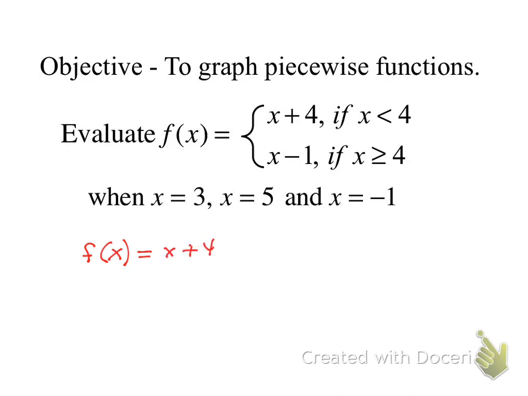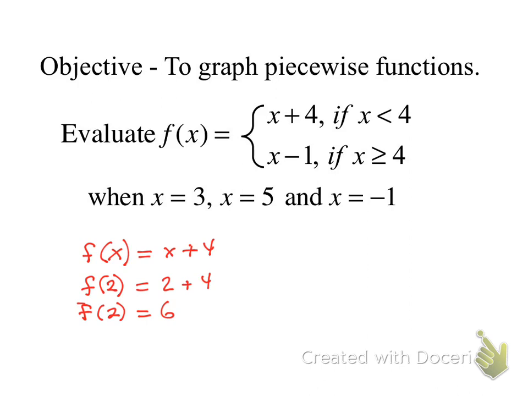Let's say I wanted to know what happens when x is 2. The function of 2 is equal to 2 plus 4. So I'm able to use the input to discuss the output. The function of 2 as an input is equal to 6 as an output.